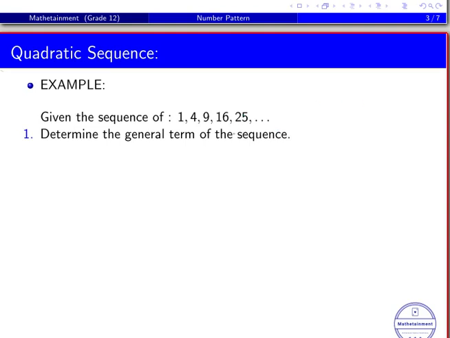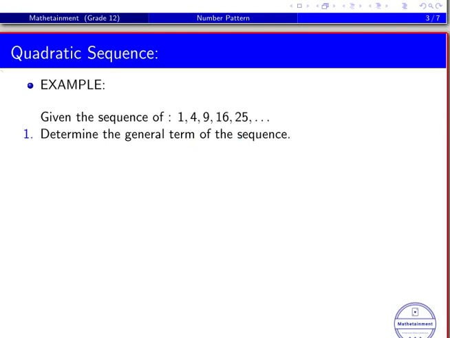I don't know my last term. I only know the first 5 terms of the sequence, and I am required to determine the general term of the sequence.